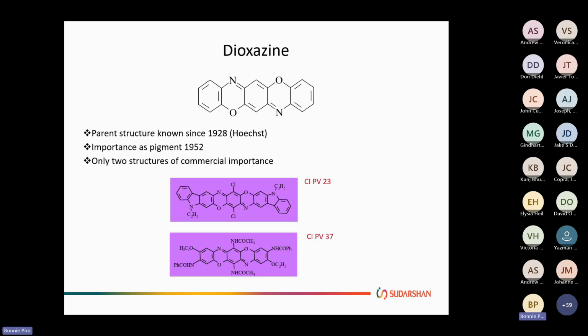Next in the list is the dioxazine, and in this particular chemistry family, there are two color indexes that stand out from a commercial importance perspective. We all know and love the Pigment Violet 23, and also included in this is the Pigment Violet 37.